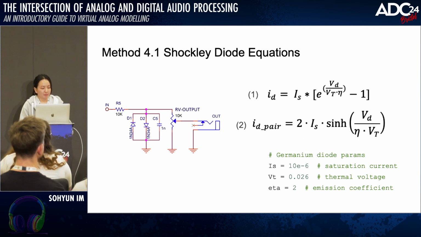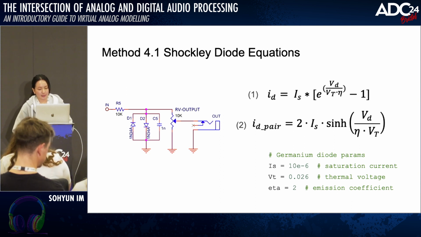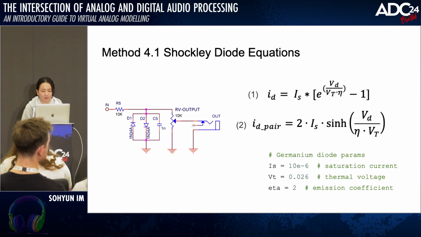Also, for diodes, there are some parameters and coefficients depending on the material of the diodes. In our case, in the reference circuit, there are germanium diodes, and the germanium diode parameters and coefficients are like in the code.